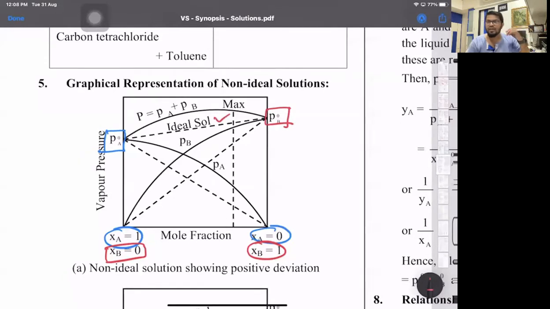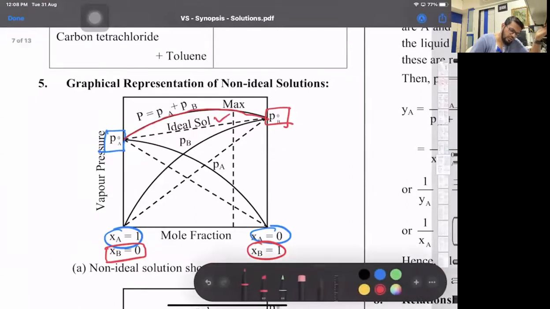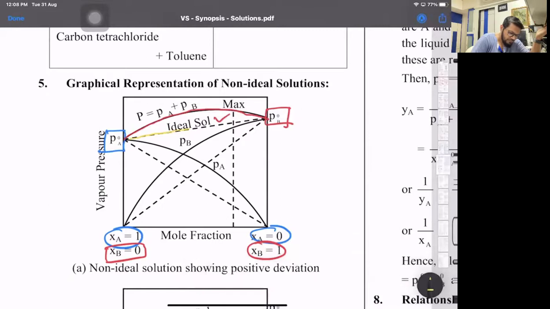But both vapors are coming. Why? Because the solute-solvent interaction is weaker. This was the ideal and this is the actual line, what I'm drawing. So that's called a positive deviation. Vapor pressure is more than expected. Ideally, it should have been on the line which is down there. That's the ideal condition, but it is more than that.